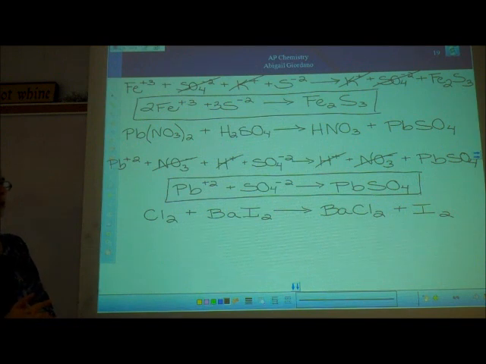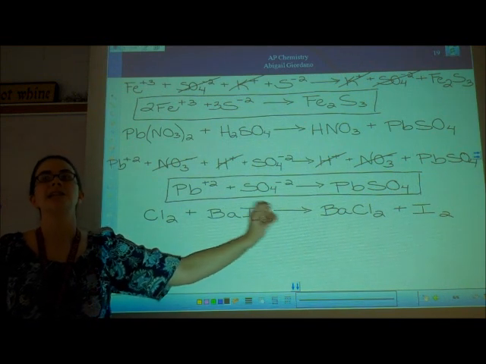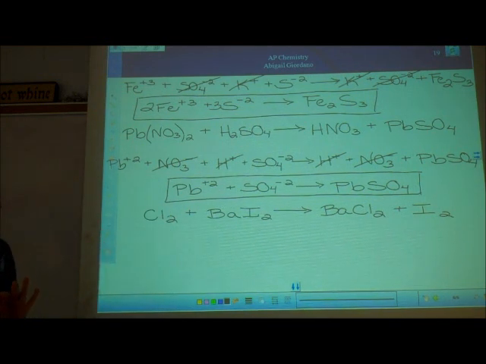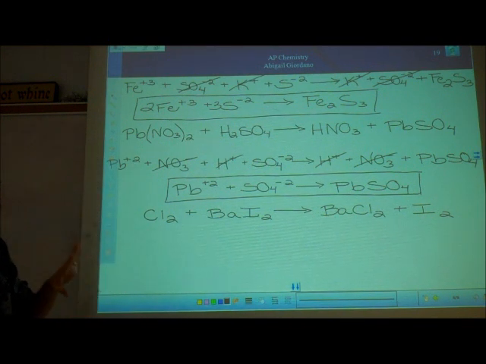Okay, double displacement, double replacement, however you want to call it. What is this third one? Single replacement. Okay? Now, if you will look, the products show which two elements have switched places.